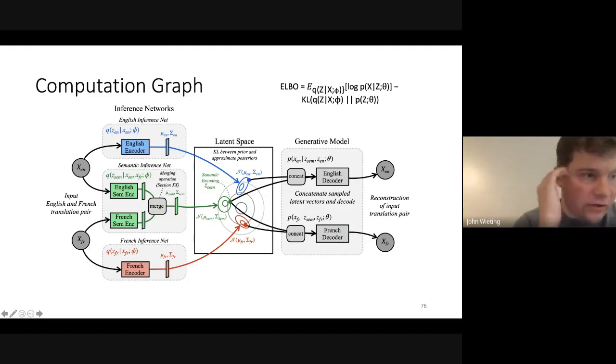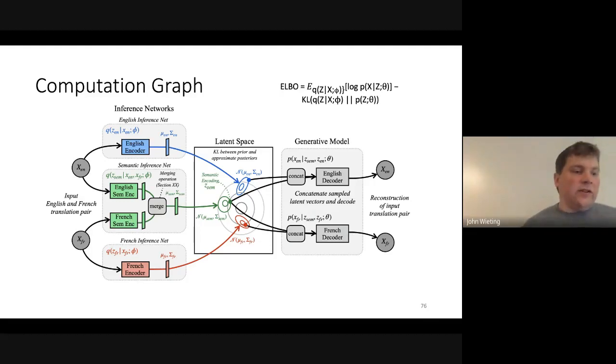And then the second term in ELBO is this KL term. This is responsible for the source separation that we're trying to do. We're trying to separate language-specific information from shared semantic information. So this is pushing the Q distribution towards the Gaussian priors. What it's doing is encouraging the variation that is shared by the translations to be explained by the shared semantic variable, and language-specific information to be explained with the corresponding language-specific variables.